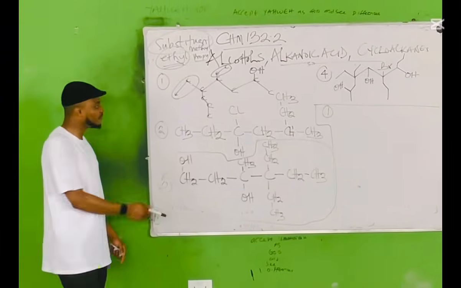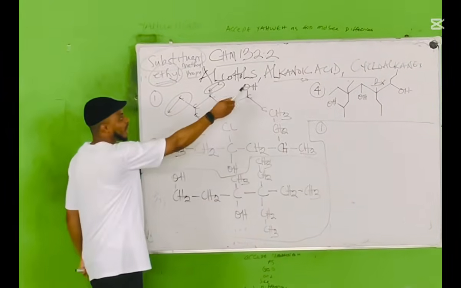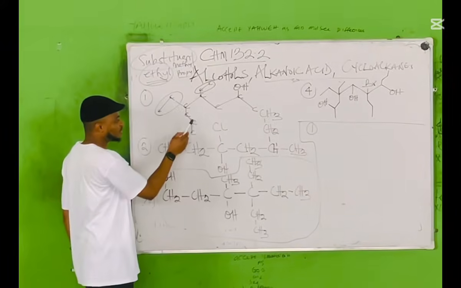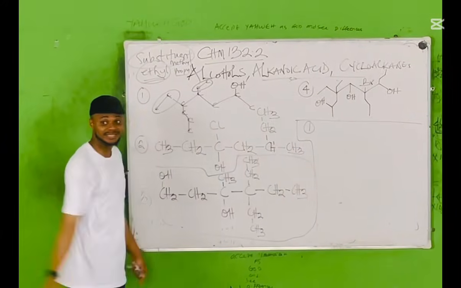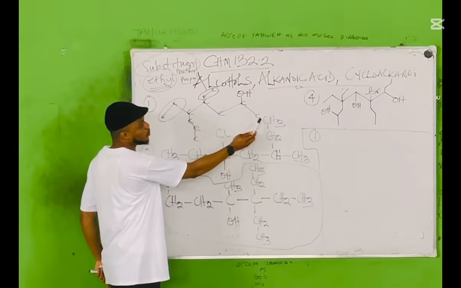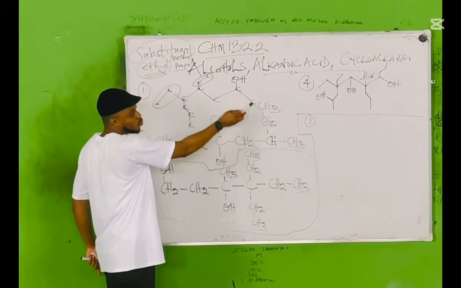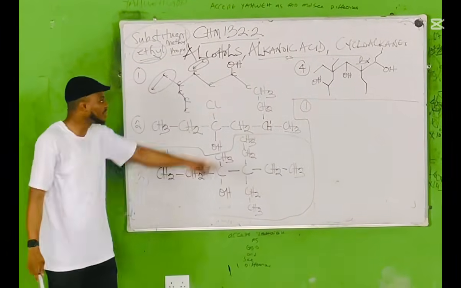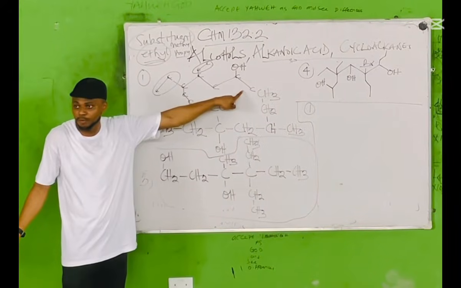Men and brethren, if you come from here, hydroxy group will be at 1, 2, 3, 4, 5, 6, 7. But if you come from here, the hydroxy group will be at carbon what? Carbon 2, 1, 2. So it means that this is the what? Perfect number.